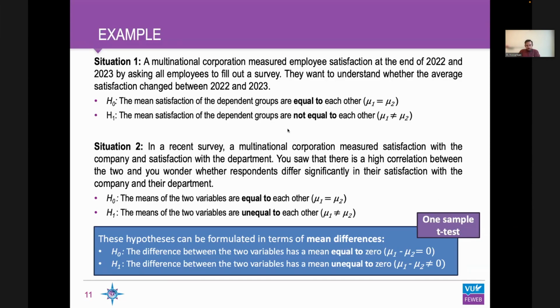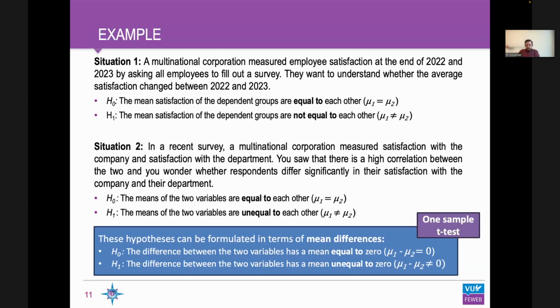But again, there might be cases where you are doing two measurements, or you ask questions that are quite similar to each other, or you ask questions which you think are measuring different things, but it looks like their means are very close to each other. Then you might also want to use a paired sample t-test.